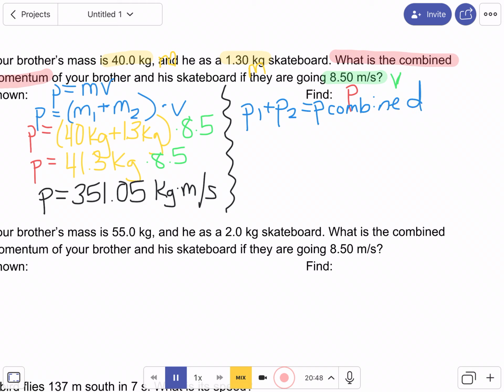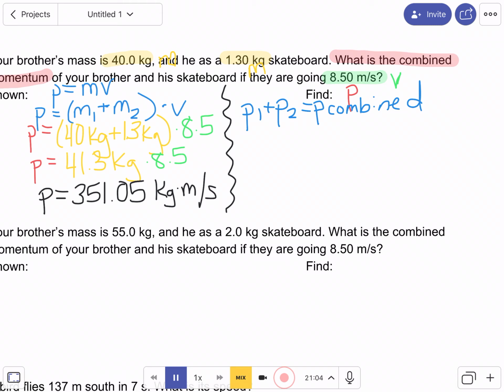So let's find the momentum of the brother first, since his measurement came up first. I'm actually going to do this quickly. I'm not going to put the units, I'm not going to color code because we already figured that out on one side. This is just to double check that we did it right.